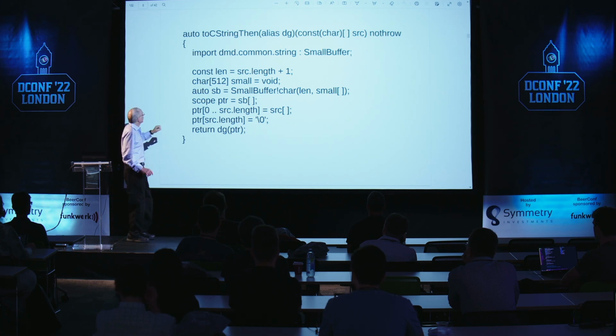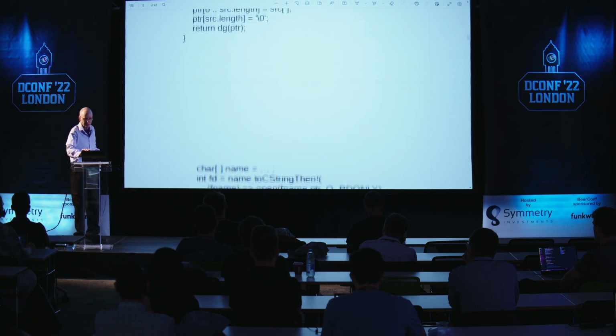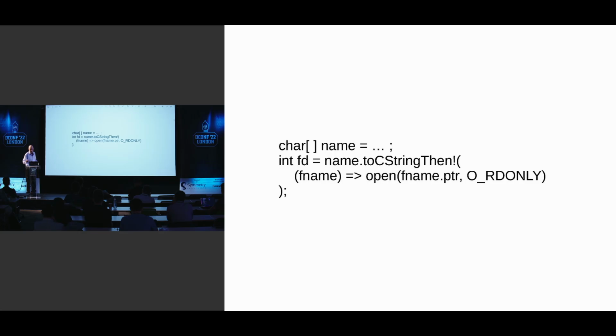So this becomes on the stack. It does not return it. And the result looks like this. So our name is our string. We call toCStringThen. And here's the code we want to execute on the 0 terminated string.